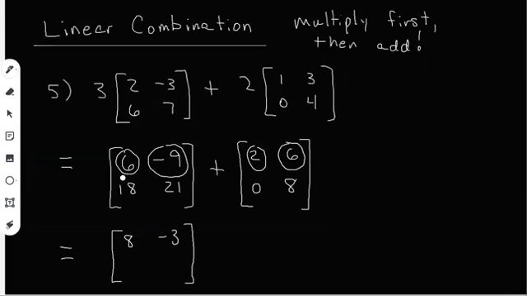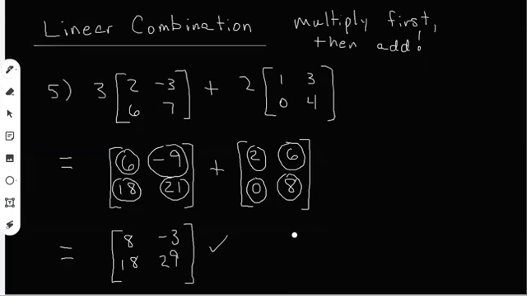And then on the second row, we have 18 plus 0. That's just going to give you 18. And then we have 21 plus 8. That's going to give you 29. And that's it. There's nothing left to do, so that's your answer. 8, negative 3, 18, 29. And all of these are 2 by 2s.